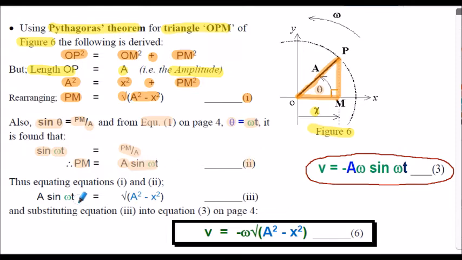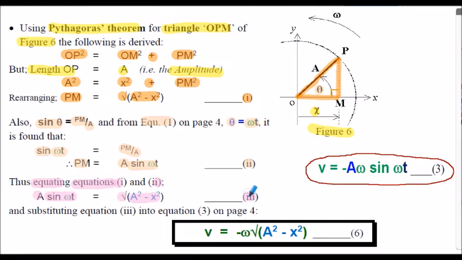If we now equate equations 1 and 2, Roman numerals, we have A multiplied by the sine of omega t is equal to the square root of A squared minus x squared. Call that equation 3 in Roman numerals.